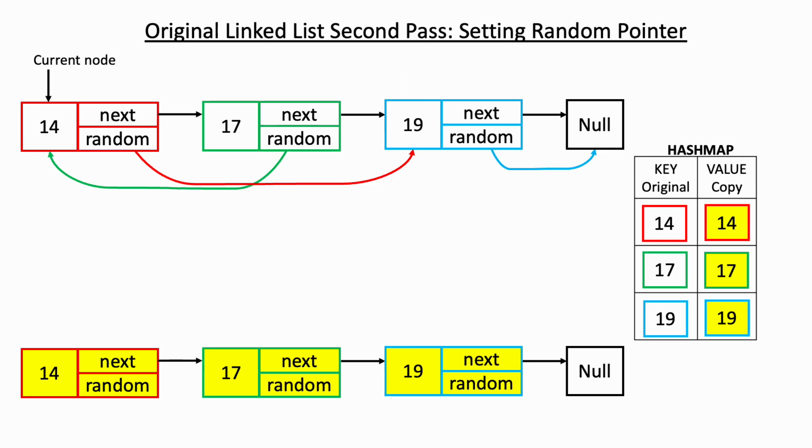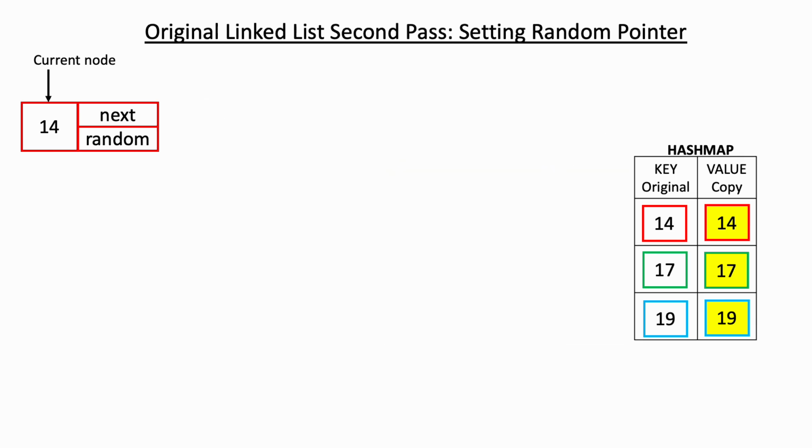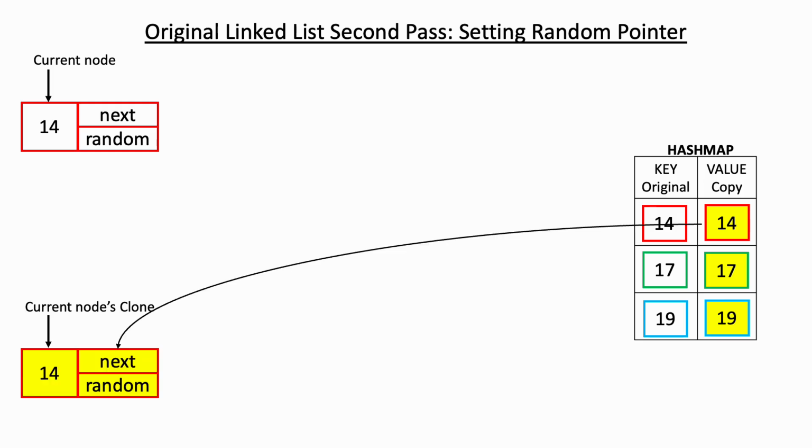We will make a second pass on the original linked list and this time we will set the random pointer of all the copy nodes. We will start with pointing the current node to the first node 14 in the original linked list. For better understanding, let's just focus on the current node and the hash map and erase everything else. We will get the current node's clone from the hash map.